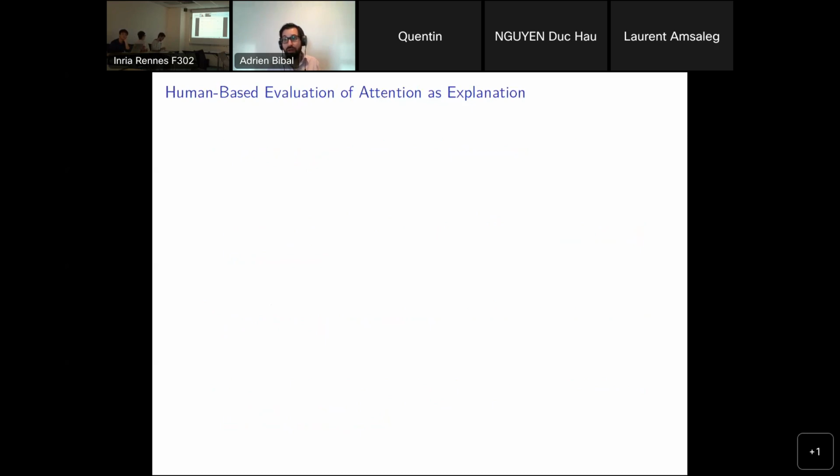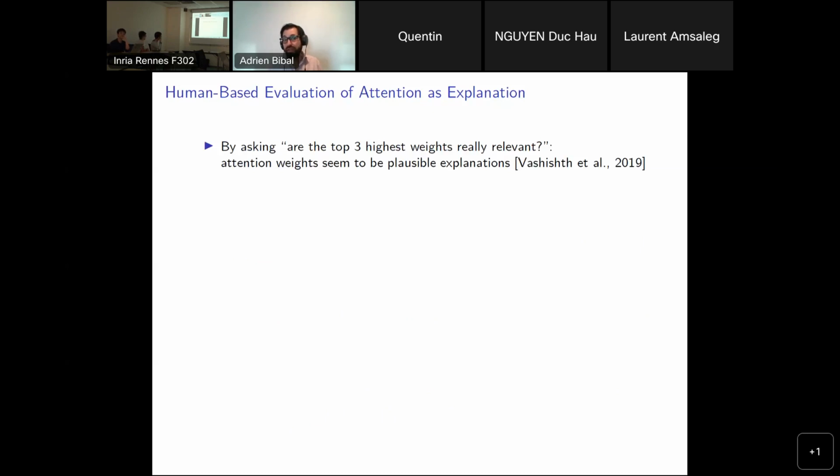You can use user-based experiments to have an idea of the power of attention to explain the black box models. So if you ask, are the top 3, I guess, weights provided by attention really relevant?